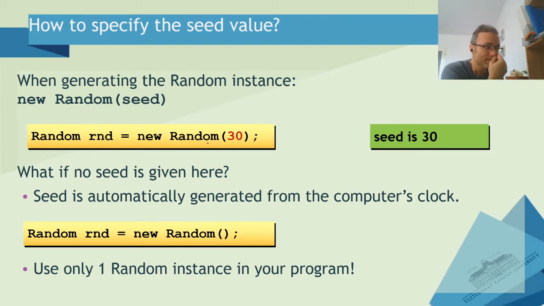So if you do not specify a seed value at the initialization of your random instance, then the system generates a seed value for you from your computer's clock. So it looks at your computer clock, what the time it is, and from this seed value is generated. And this is more or less random.